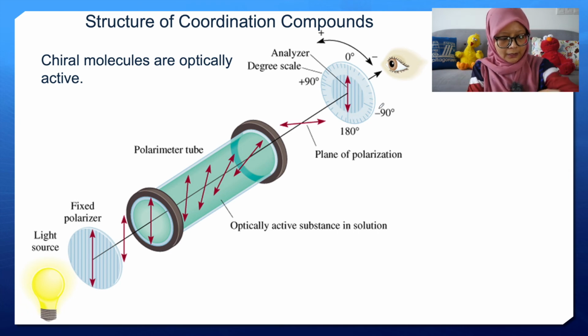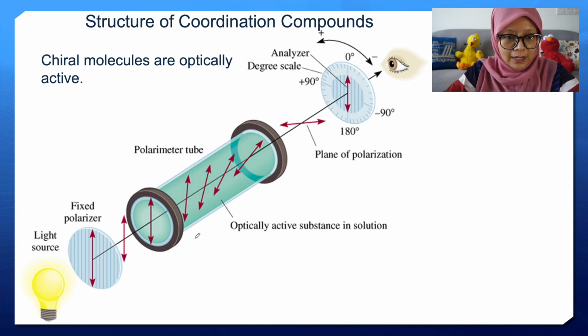So in order for you to get the plane polarized light, you need to obtain it by passing the ordinary light from the light source through a polarizing filter.